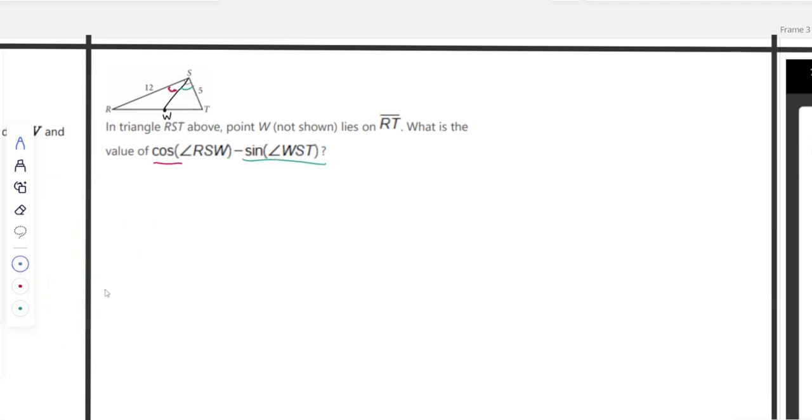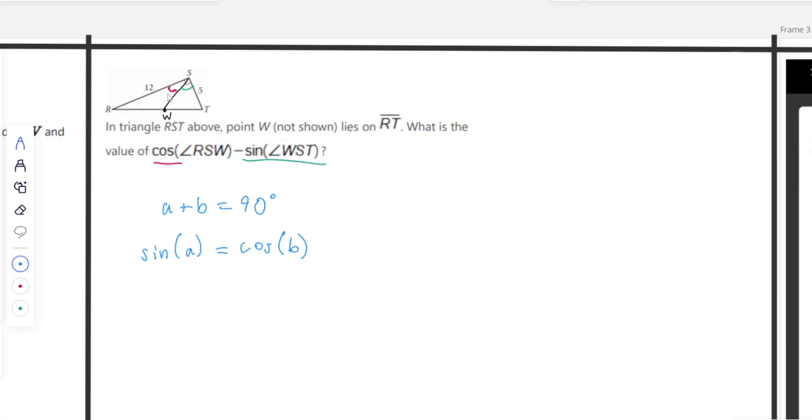One thing that the SAT is testing you on is sines and cosines of complementary angles. If you have two angles, like A and B, and they add up to 90 degrees, then the sine of one of those angles is equal to the cosine of the other angle.